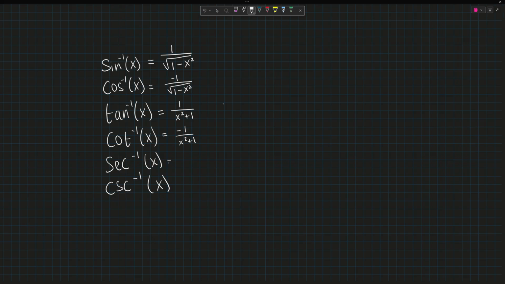And the hardest ones to memorize are the secant and the cosecant functions, but you'll get used to them. 1 divided by absolute value x square root of x squared minus 1. Again, the negative version of that is the cosecant.